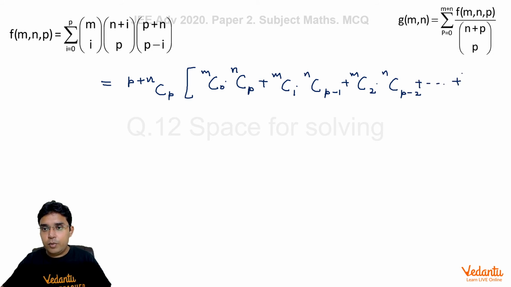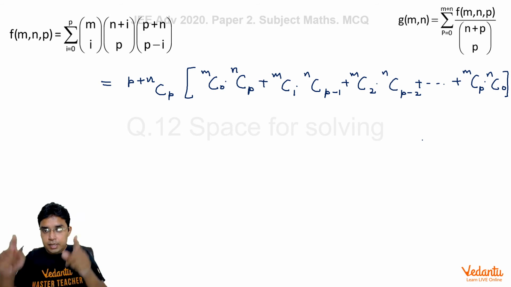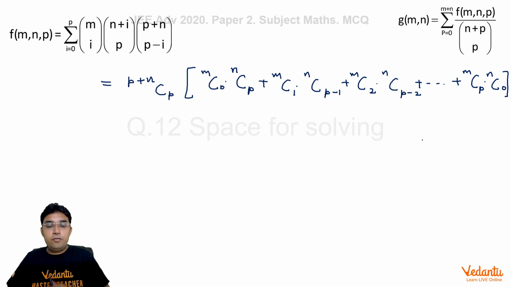The last term would be mCp into nC0. Now to understand this summation, this square bracket, we can use method of coefficients also, but I will give you one different method.